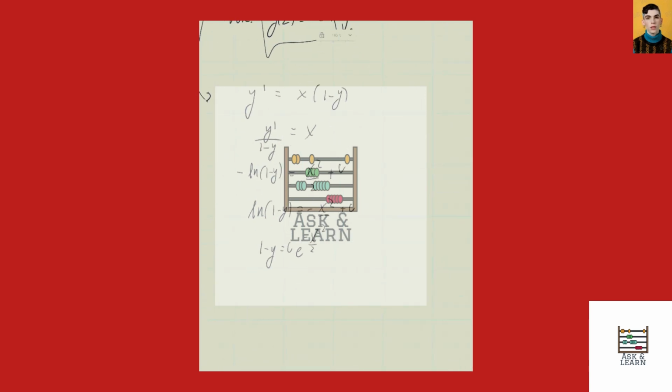So we have lastly that y is going to equal 1 minus c e to the power of negative x squared over 2.